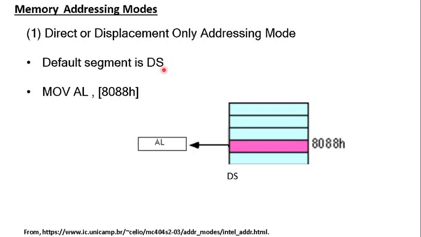The other area is your stack segment, which is not taken as the default. So if you just give a particular number as an offset as your source operand, that will be taken as an offset within the data segment, and that particular byte or word will be taken and moved to the corresponding register given in the destination. That is what is shown here.